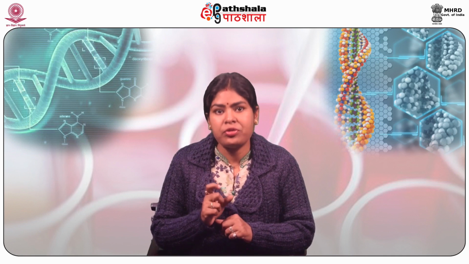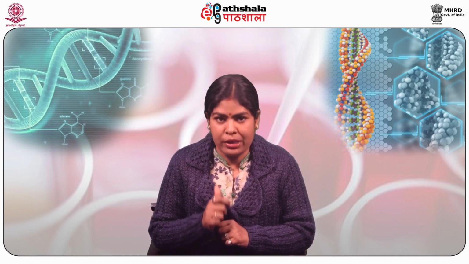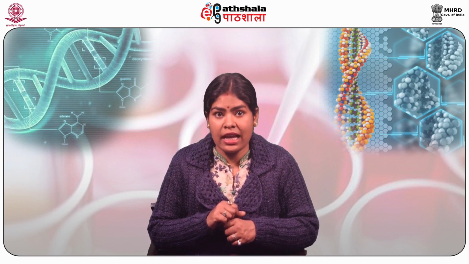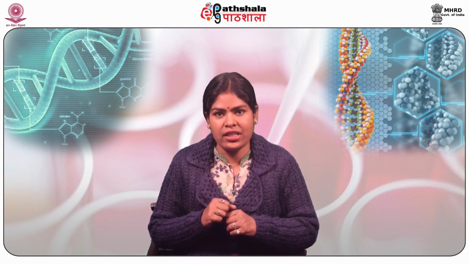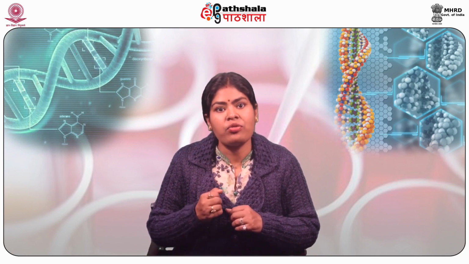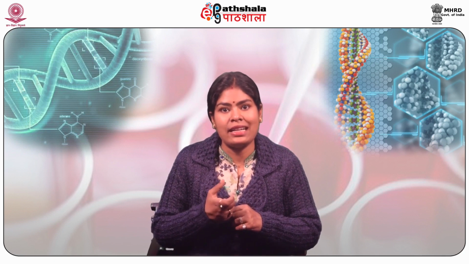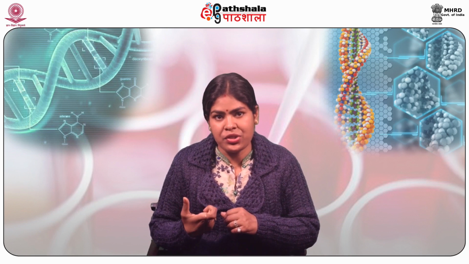Attenuation of the tryptophan operon. The tryptophan or TRP operon is also regulated through a second mechanism, that is attenuation. Attenuation was first reported by Charles Yanofsky and his colleagues in the early 1970s. They observed that repression of the operator site was not the mode of TRP operon regulation.